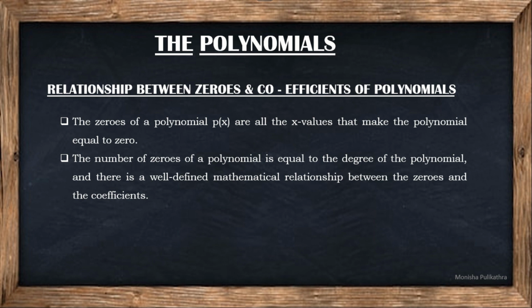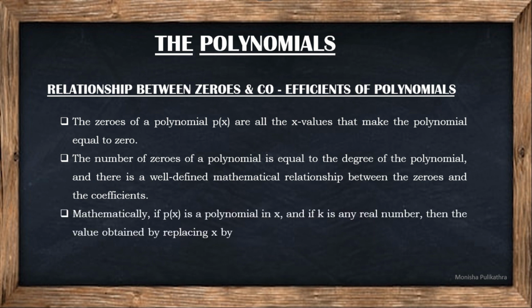If the degree is 2, then the number of zeros which you are going to get after solving is also equal to 2. So this concludes that the degree of an equation is equal to the number of zeros of a polynomial which we get after solving the problem.